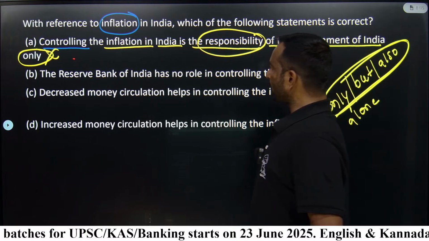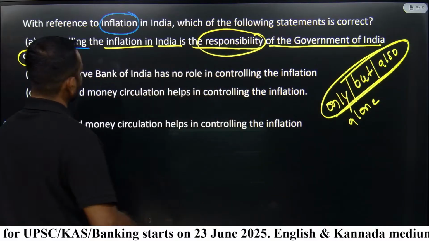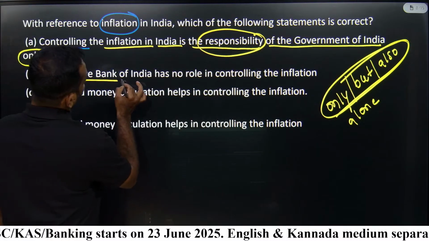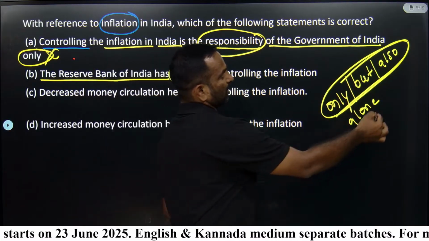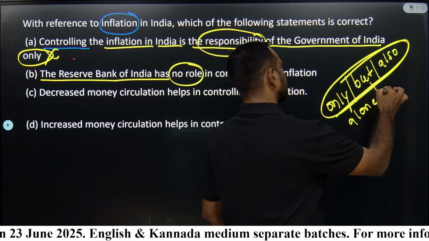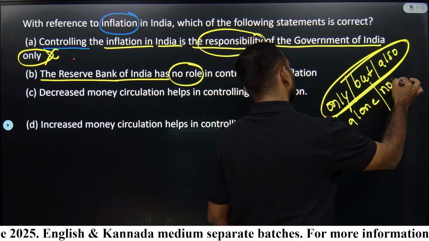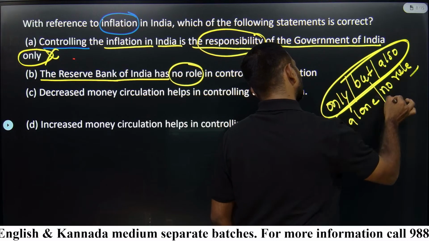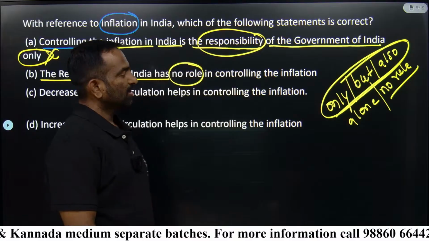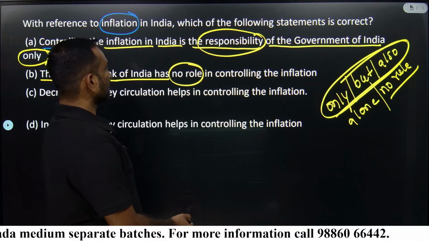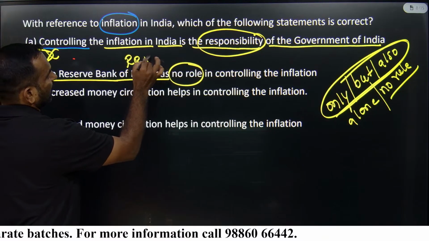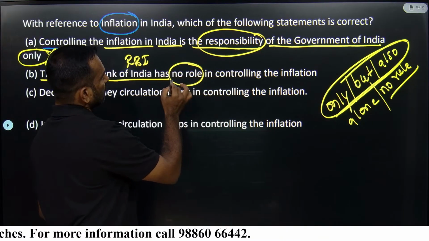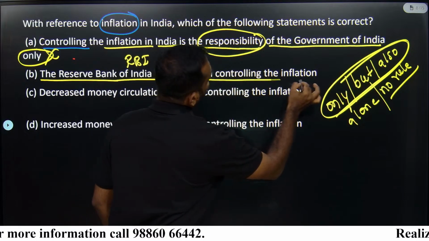What about the second statement? The Reserve Bank of India has no role. See, one more word you have to note: no role, or no. See how the examiner uses such terms in the question. The RBI has no role in controlling inflation.